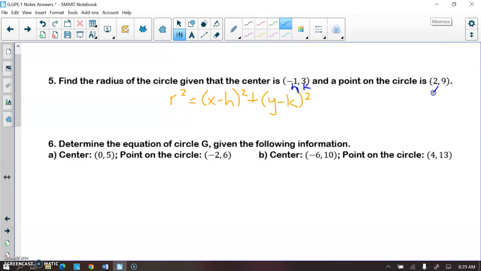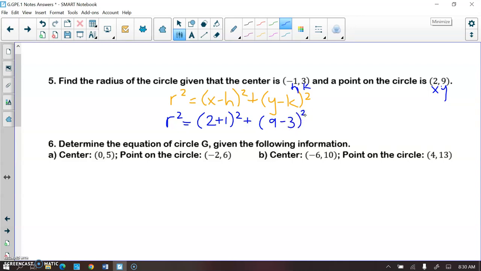And I'm going to put 2 and 9 in for x and y, because that's a point on the circle. So I have r squared is equal to (2 minus negative 1), which is 2 plus 1, squared, plus (9 minus 3) squared.